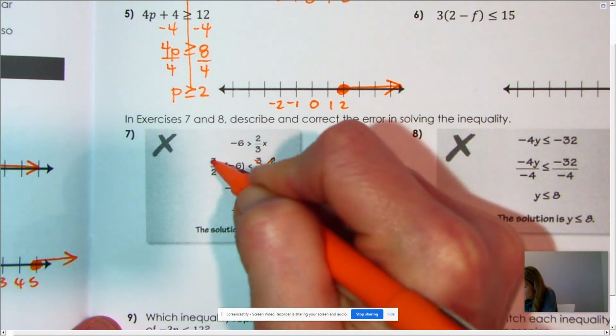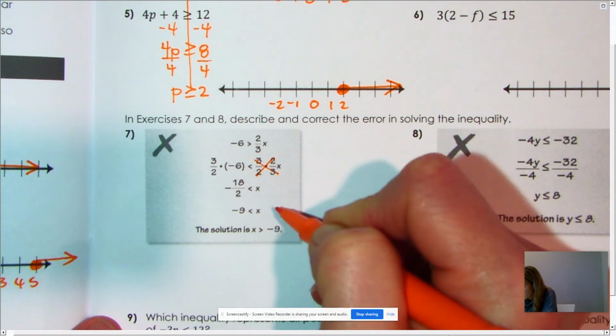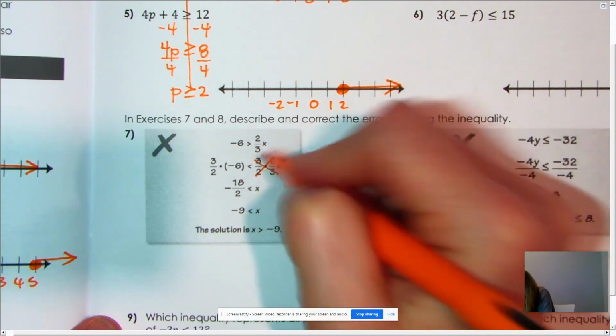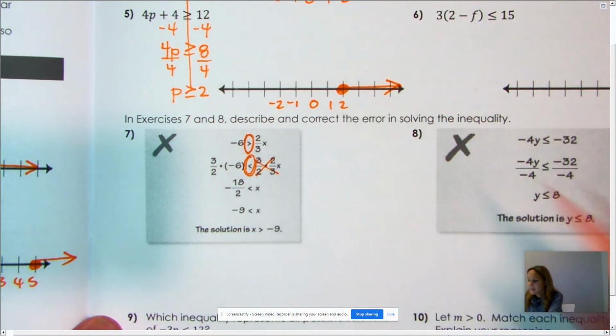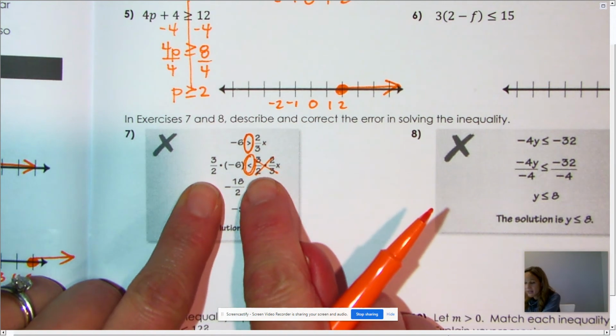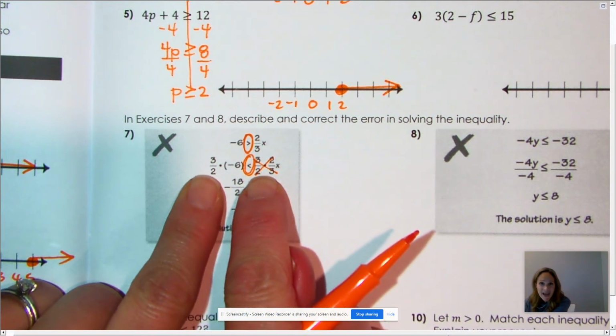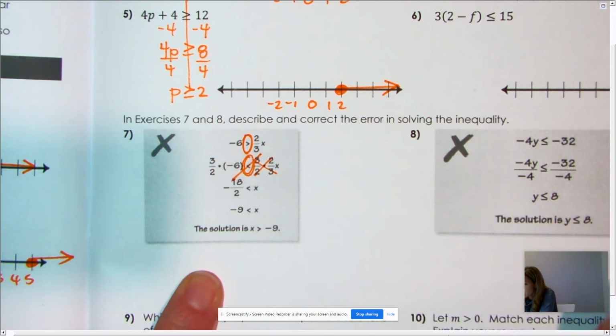And then I did 3 times 6 is 18, divide by 2 is 9. And so look what they did. They flipped the sign. But what kind of number was I multiplying by? I was multiplying by a positive number on both sides. So we do not flip the sign.